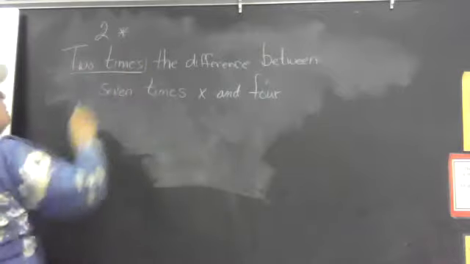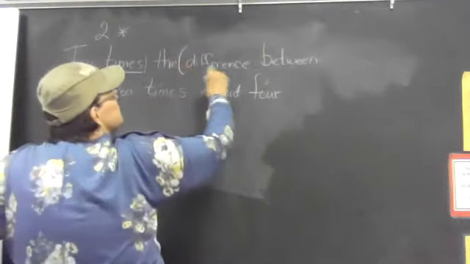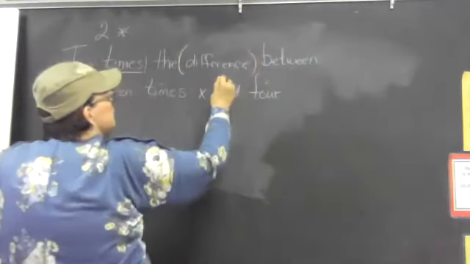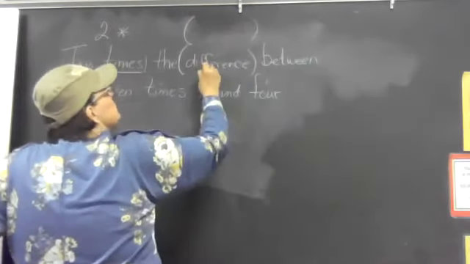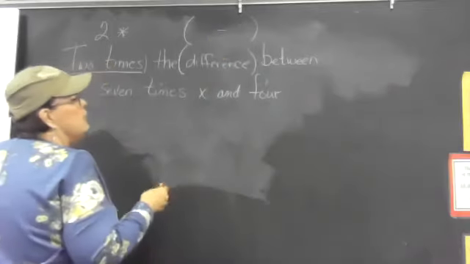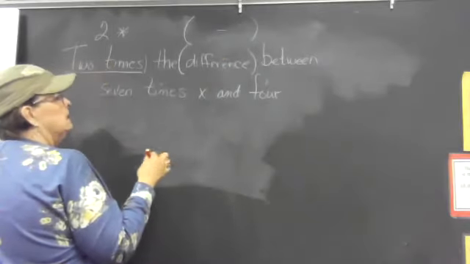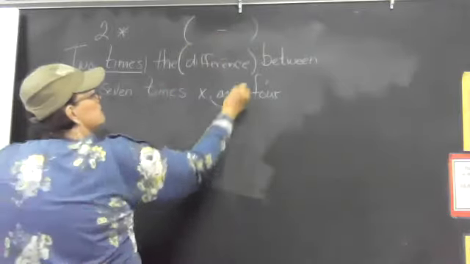So I'm done with that. And then I see the difference. Remember, if we see the difference, we're going to make parentheses. And difference means subtract, so I put the subtract in there. So I know immediately it's going to tell me what goes here and here, and it's separated by an and.